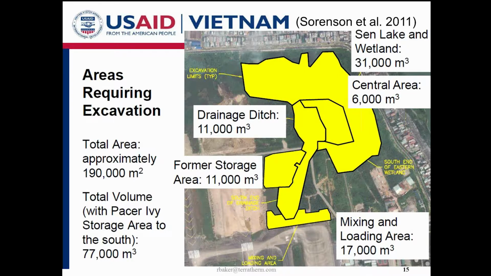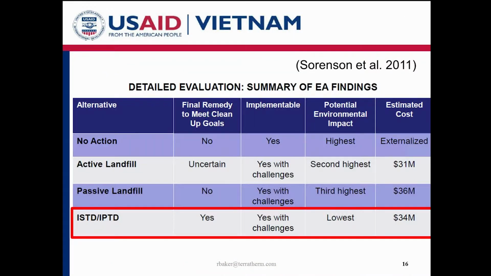The problem with the landfilling, other than it of course doesn't actually carry out treatment to very much of a degree, is that it also had higher environmental impacts than using IPTD, which had the lowest environmental impacts and a cost comparable to the landfilling. So it was decided to select IPTD as being the most implementable, proven technique that could meet the goals at the site.